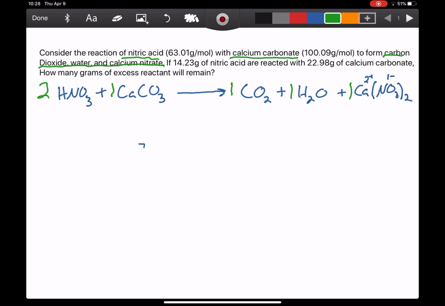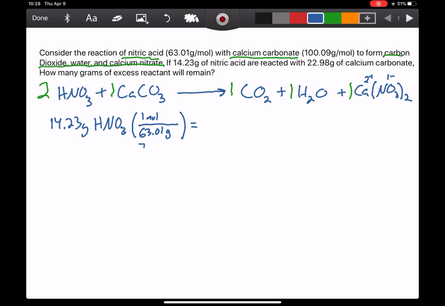Okay, so the next step, we need to find the limiting reactant. In order to do that, we're going to take the 14.23 grams of HNO3, and we're going to find out how many moles we had. We were given the molar mass, so we don't have to add it up. That's nice. So 1 mole of HNO3 is equal to 63.01 grams.